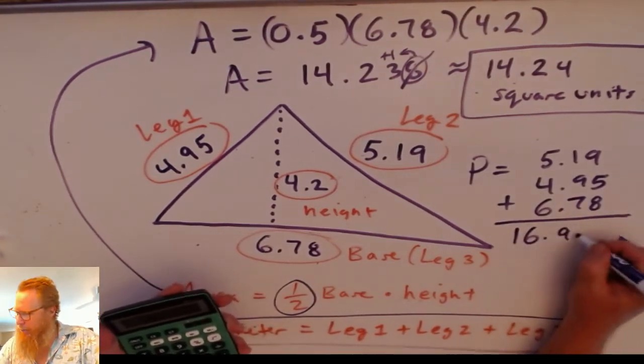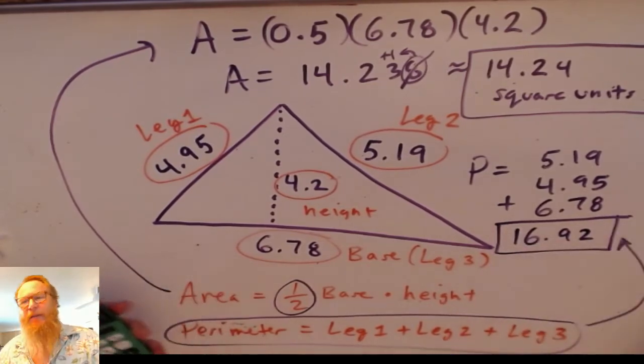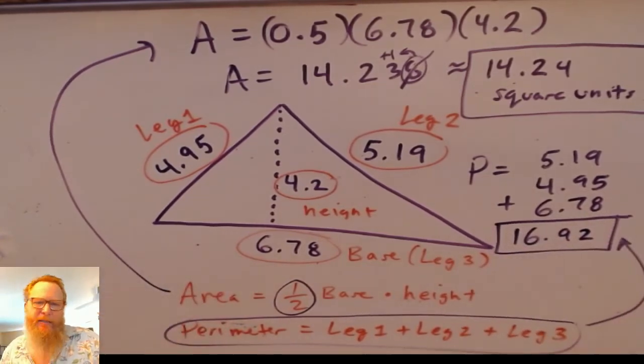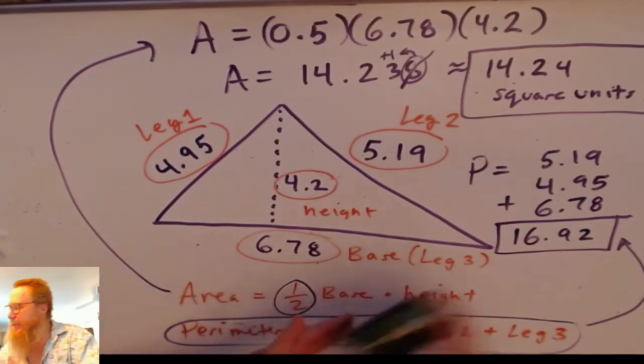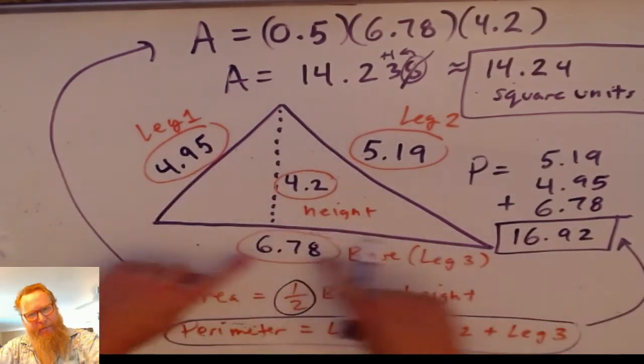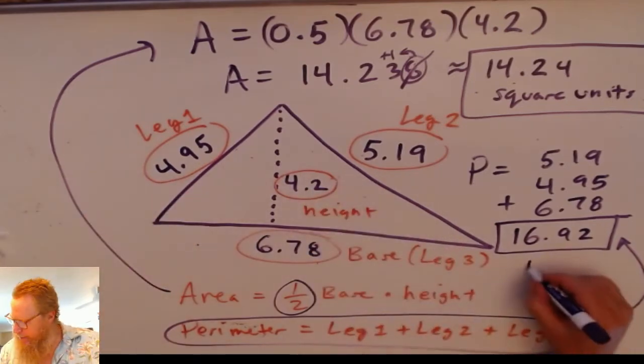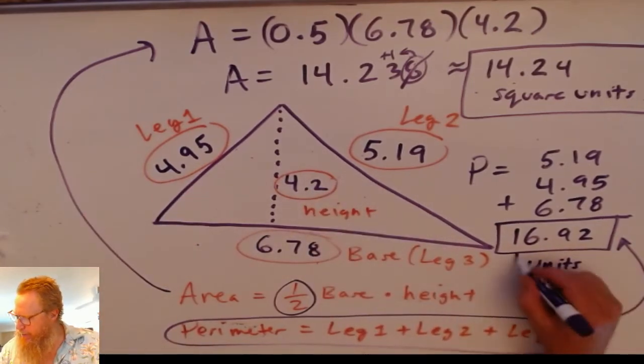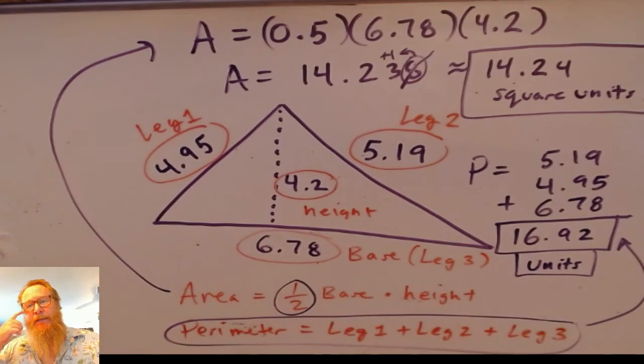This one's already rounded, so you can just say 16.92. Rounding is not always necessary. And so this is the measurement of the outside, like a fence, so you would just say units. 16.92 units.